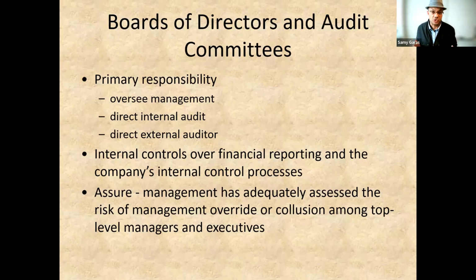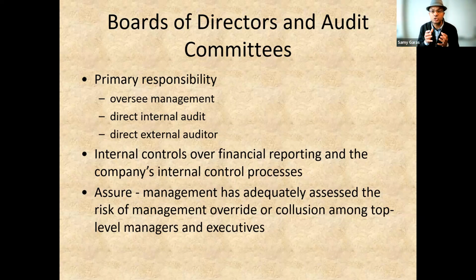The board of directors is also responsible for establishing internal control over financial reporting, where they use the framework that we discussed in previous classes called the COSO framework, the Committee of Sponsoring Organizations, which set up internal control.